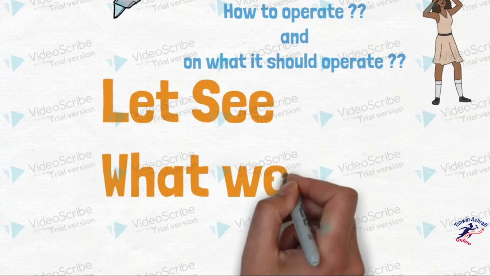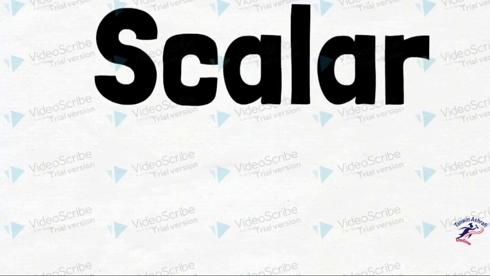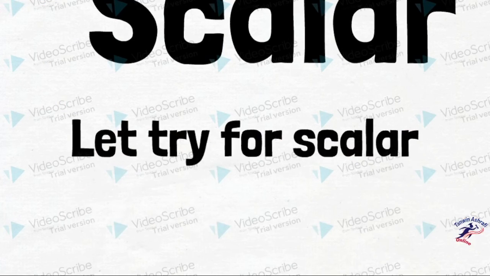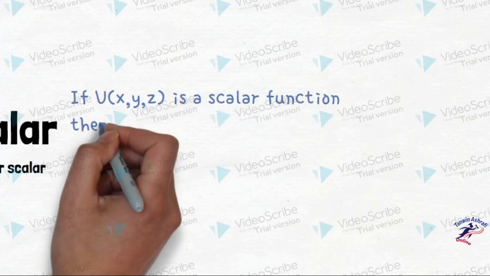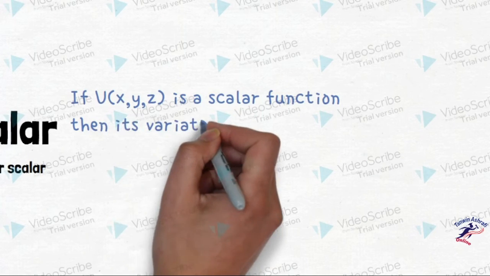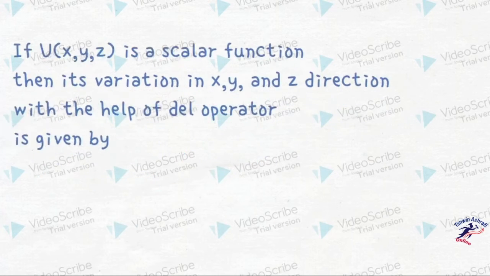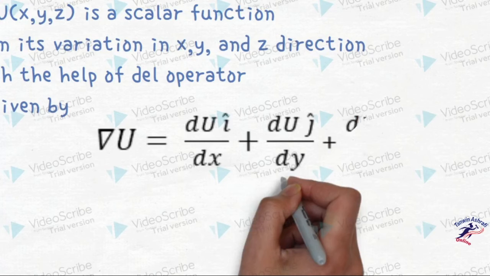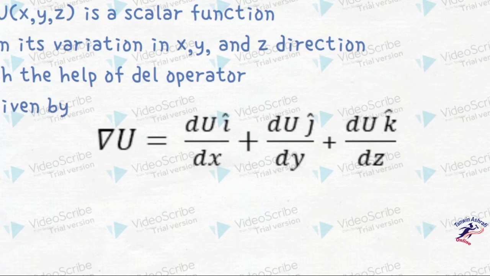Let's try what we had already. What we had? A scalar. Yes, the first thing which we learned. Let's try the del operator for the scalar. Now if u(x) is a scalar function, then its variation in x, y, z direction with the help of the del operator is given by del of u, equal to change of u in x, change of u in y, change of u in z.